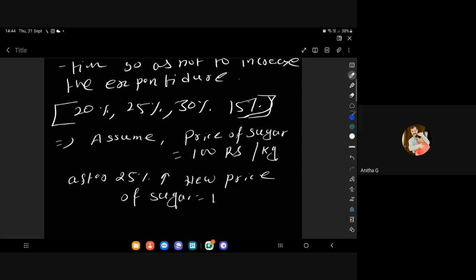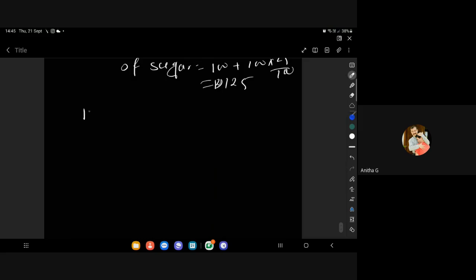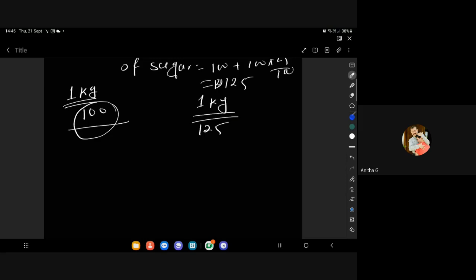Is it 125? Yes, sir. Okay, so it will be 125 rupees. Now see, previously 1 kg was 100 rupees. Now 1 kg is 125 rupees. But you decided that I will keep my expenditure fixed. I will consume sugar of rupees 100 only.